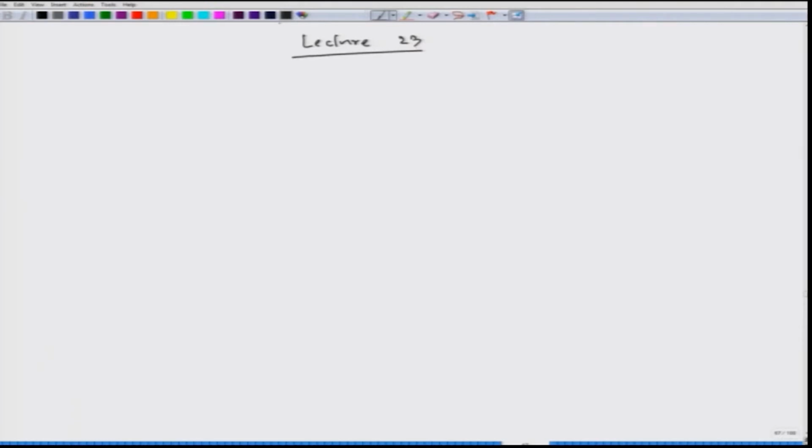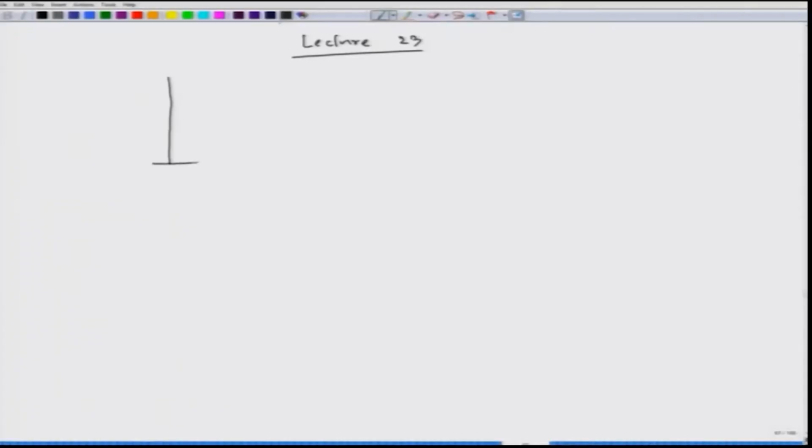In the last lecture we started discussing the nickel-H2O system, and we could draw a Pourbaix diagram involving nickel, nickel plus plus, and Ni-H2O. The diagram looked like this.